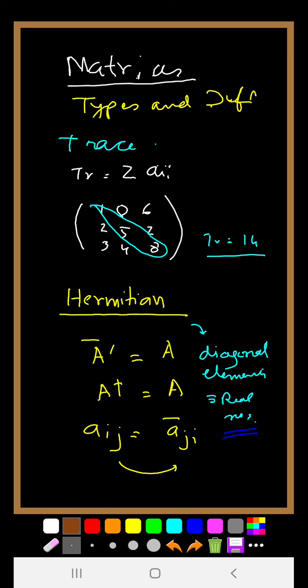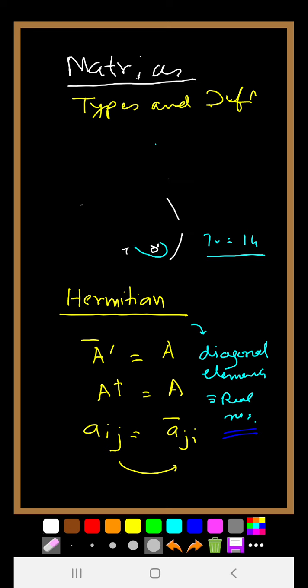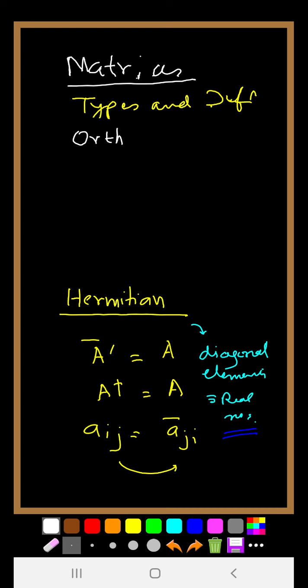So the next type of matrix is called an orthogonal matrix. It has to be a square matrix first of all.